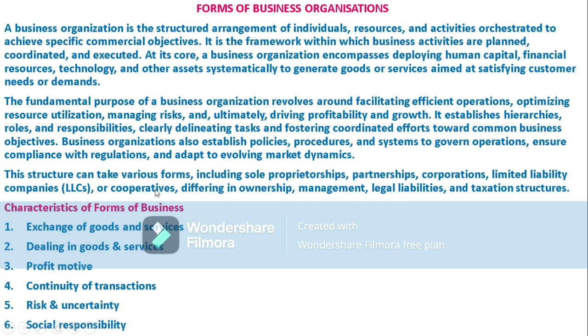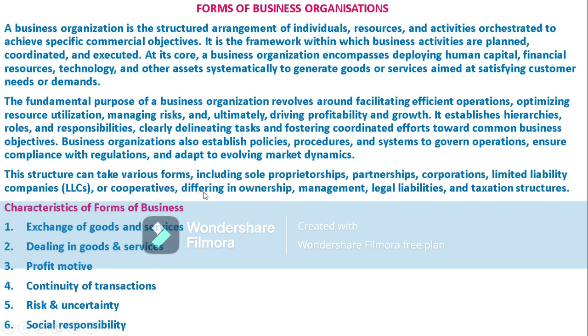Now coming to what the structure of business organizations involves. What are the forms in business? We can see sole proprietorship, partnership, corporations, LLCs, meaning limited liability companies, or cooperatives, and all these are different types of forms of business organizations. We also have the joint Hindu family.